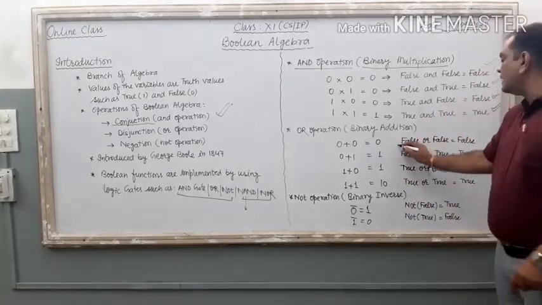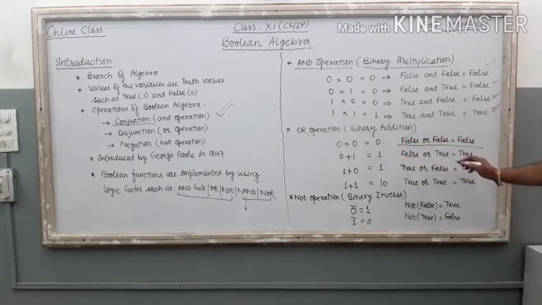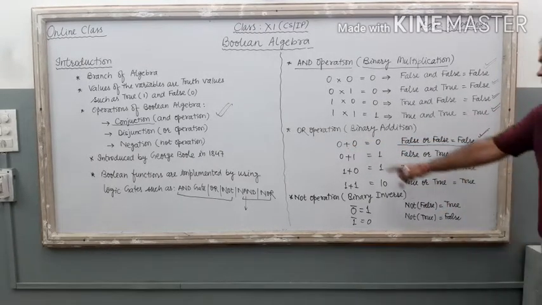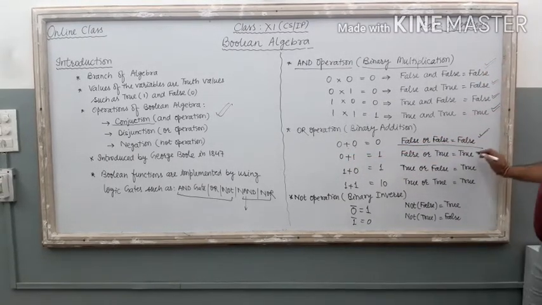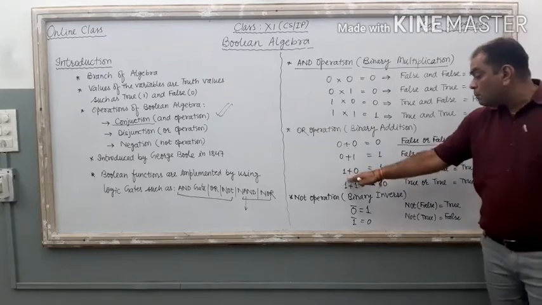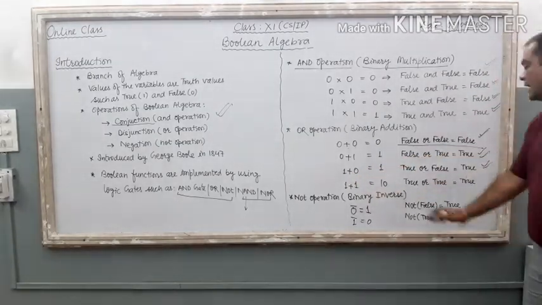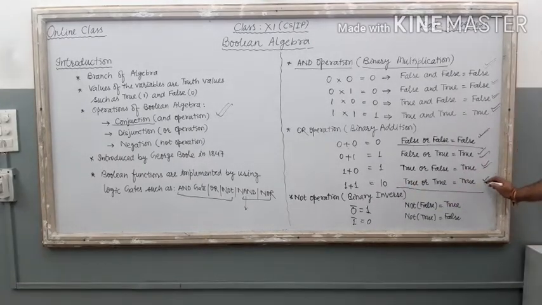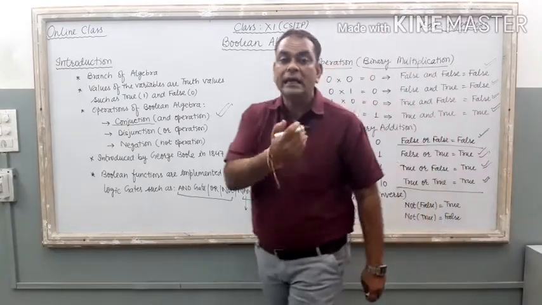Then here you can get the Boolean function. 0 plus 0 means false or false, result is false. False or true, result is true. True plus false, that is true or false, result is true. Then the last one, true or true, here it is also true. It is the OR operation of Boolean algebra.